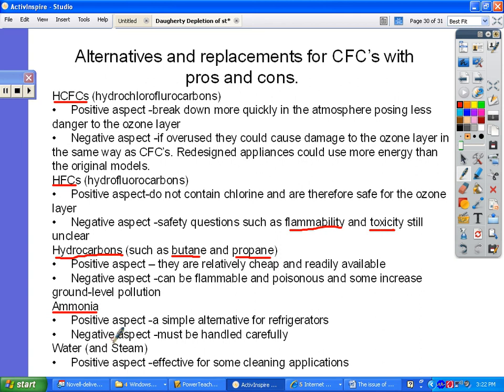Ammonia is a replacement. Positive aspect, again, it's a simple alternative for refrigerators, using it as a refrigerant instead of CFCs. Negative aspect is that it must be handled carefully because it is a toxic caustic chemical. And the last one here we have is just plain old water or steam. And the positive aspect is that it's effective for some cleaning applications.